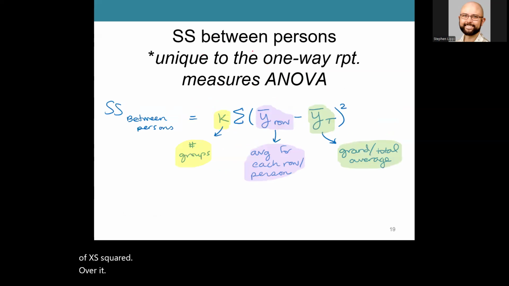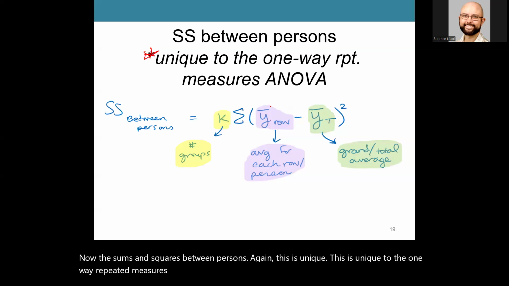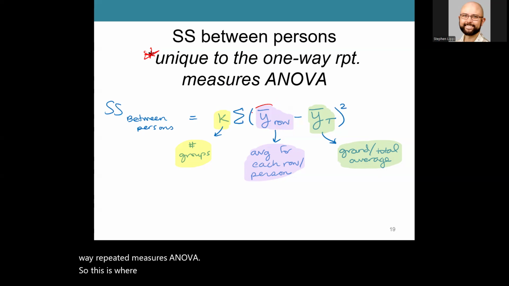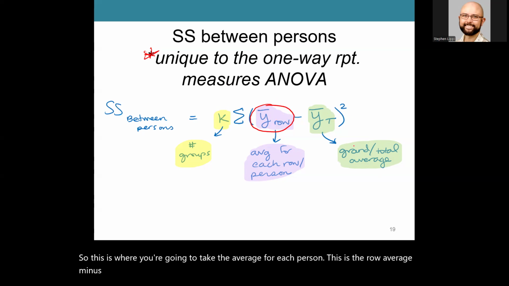Now the sums of squares between persons, again, this is unique to the one-way repeated measures ANOVA. So this is where you're going to take the average for each person. This is the row average minus the grand or the total average squared. So you're going to sum up these squared deviations.